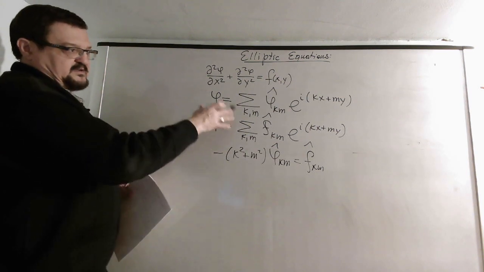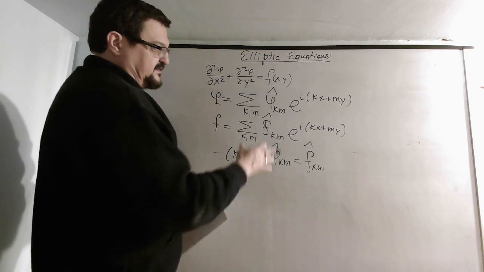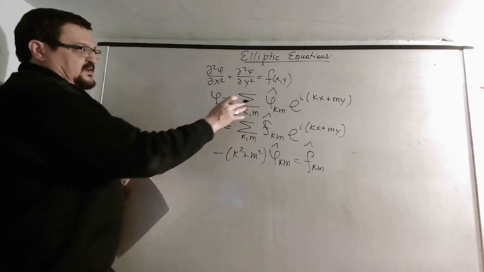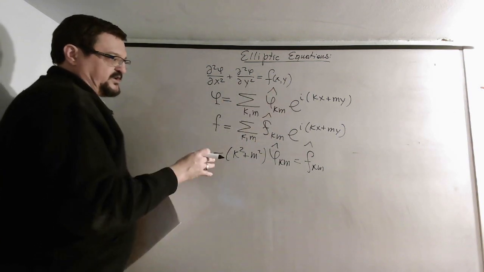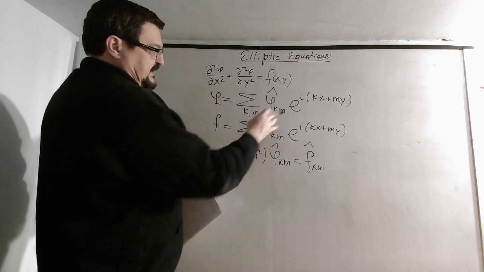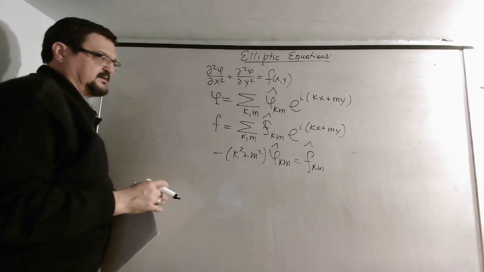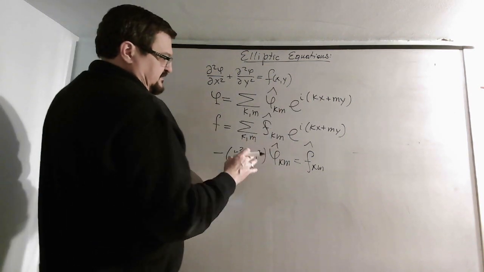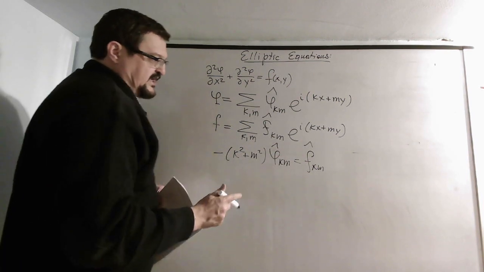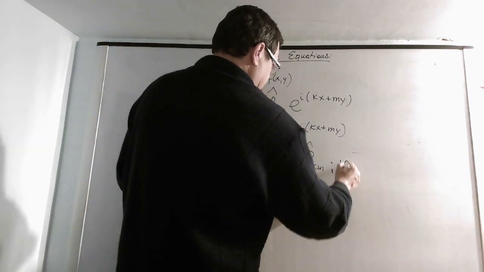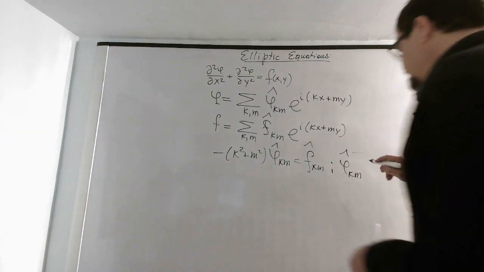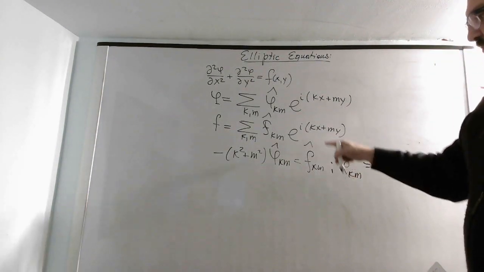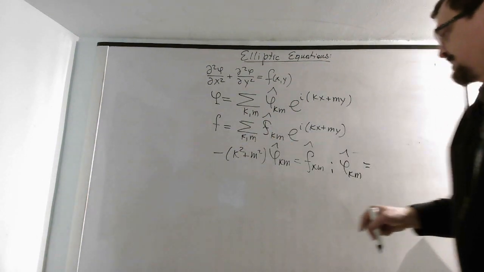You assume the harmonics are independent, so you solve it for each harmonic, cancel by the complex exponent, and get this very simple equation for the Fourier harmonic amplitudes, which you know because you know f.